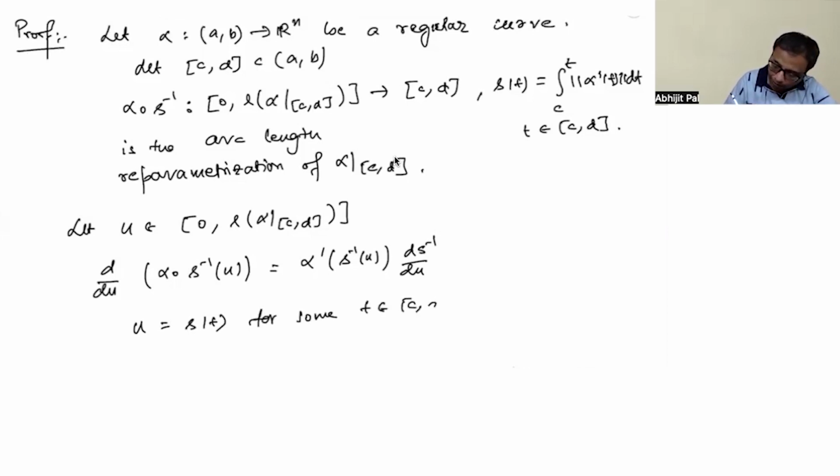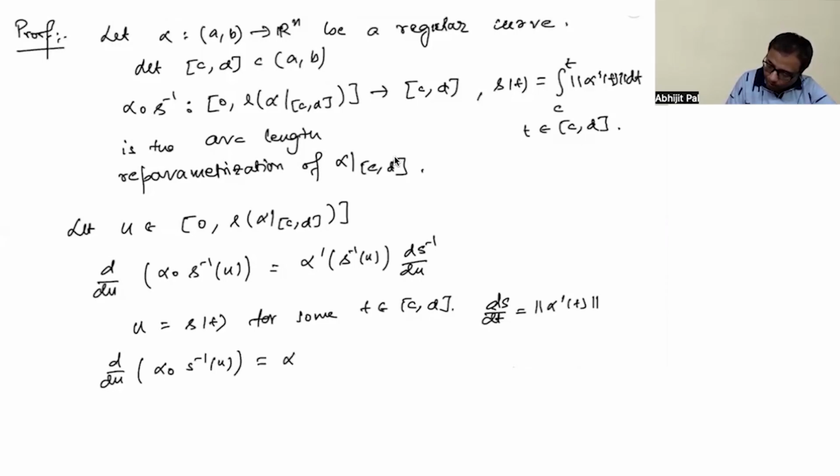Therefore, the derivative of alpha compose S inverse at u is equal to alpha prime t times ds inverse du. And what is ds inverse du? This is basically 1 by the norm of alpha prime t.